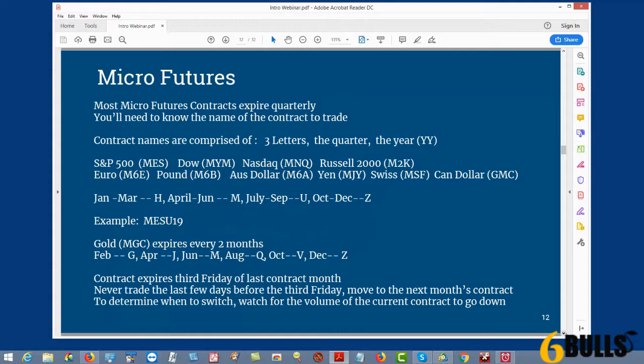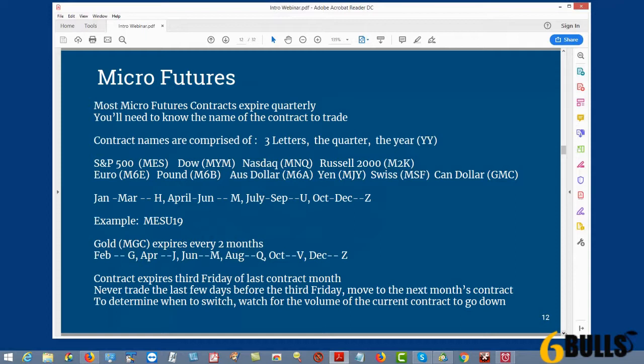One difference for those of you, especially who trade Forex, one difference about micro futures and all futures in general is that they do expire. And it's something you really have to watch. And you have to kind of get used to this with futures.